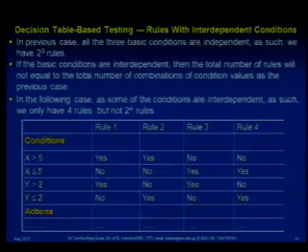Okay, you look at this case. If you have this set of basic conditions, x greater than 5, x less than or equal to 5, y greater than, okay, if you have this set of conditions, then we only have 4 possible combinations of condition values. We do not have 16.